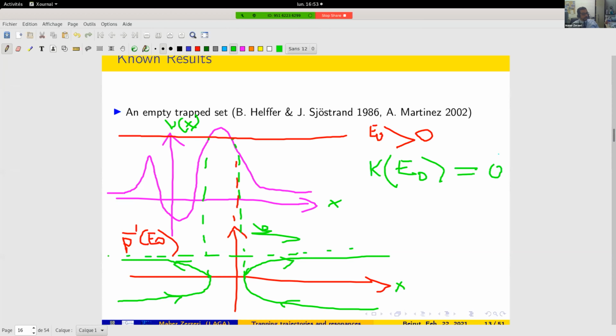Okay, and we can find some distortion such that our operator P theta, for some theta, is elliptic.